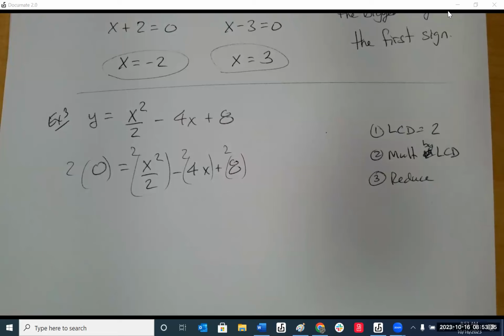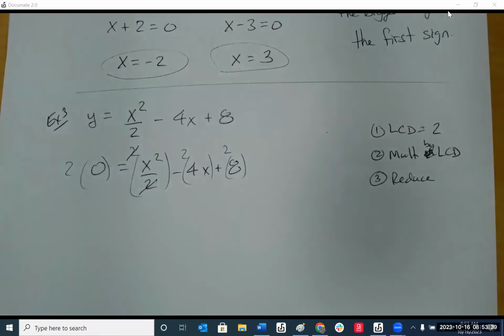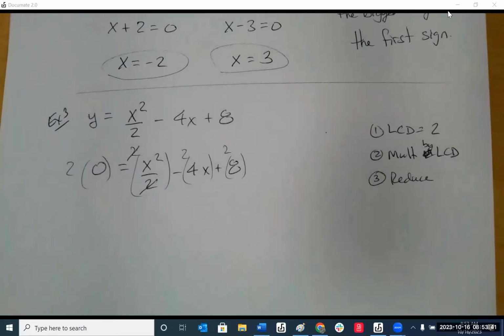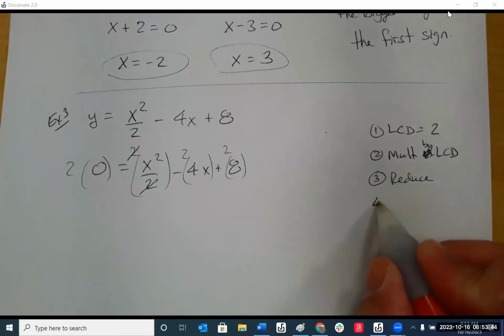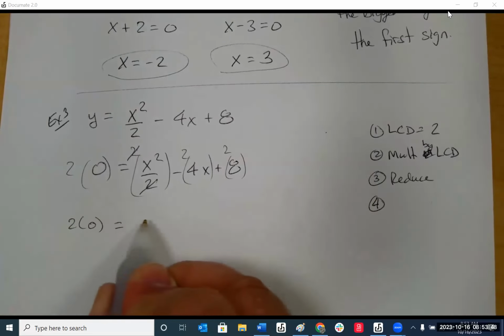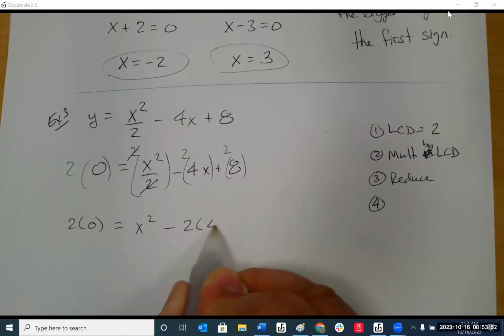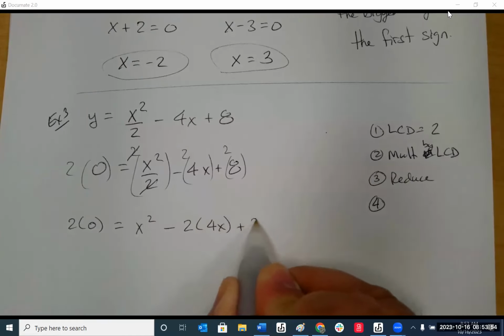Then we reduce. So the only fraction we have is this one. Those cancel. So what we have left is 2 times x squared, 2 times 4x, plus 2 times 8.